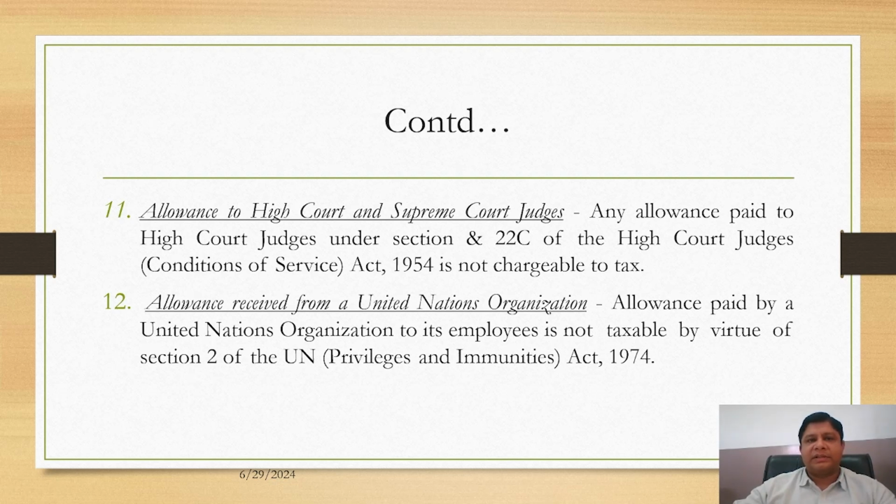Non-practicing allowance, allowance given to professionals to compensate them for restrictions on private practice. Deputation allowance, allowance given to an employee when he is sent on deputation for a temporary period from his permanent place of service. Servant allowance, an allowance to meet the expenditure of a servant for personal purpose.